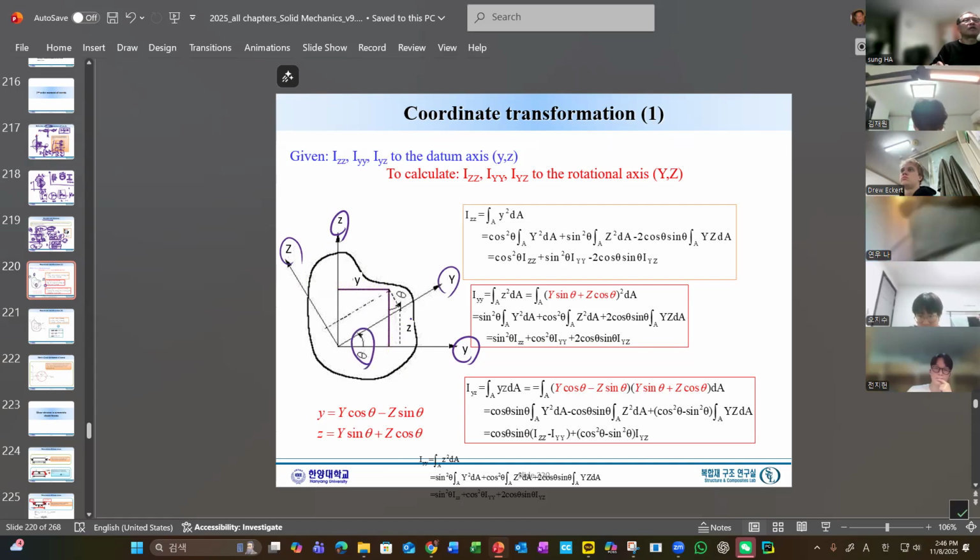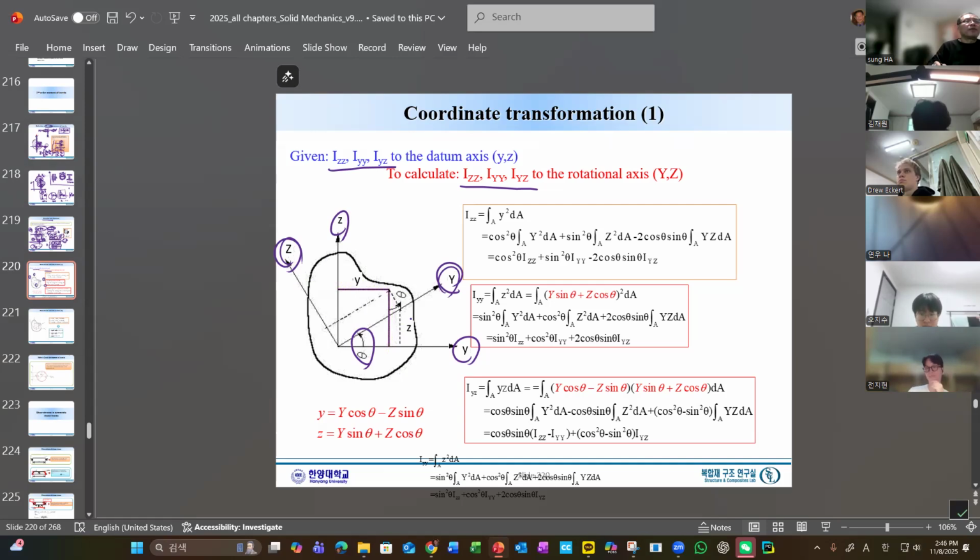Then the question is how to calculate the moments of inertia given this coordinate system. That's what we would like to do.